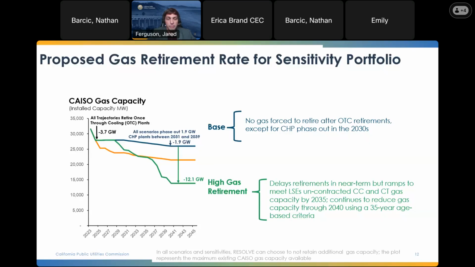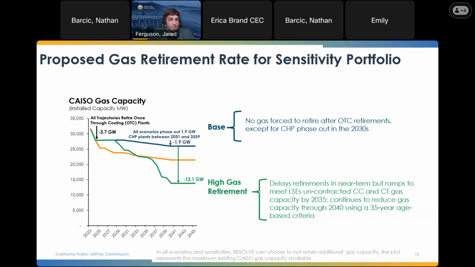Note that the base case does have some forced in retirements in addition to the OTC phase outs. The results also assume a phase out in the 2030s of about 1.9 gigawatts of CHP plants.